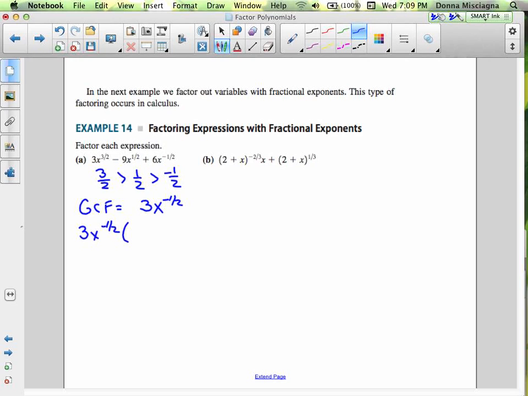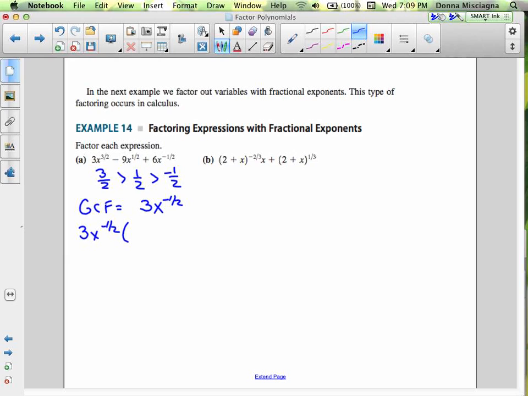I suggest that when you are factoring a fractional exponent, you also write what you're subtracting. In other words, we're going to subtract a negative 1 half from each of our factors of x. We can just do the division for the coefficients in our head, but it will be very helpful to actually write down what we're doing for the factors of x.